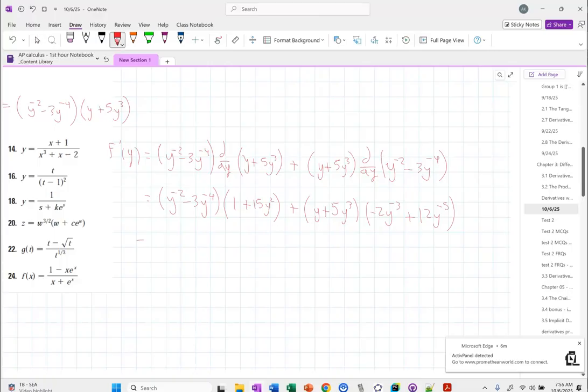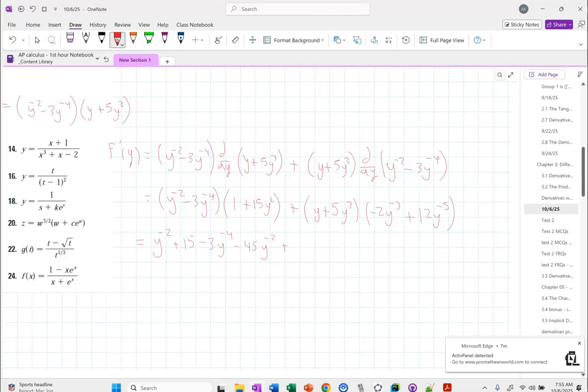So FOIL time, let's see, what do we get here? We get y to the negative 2 plus 15, and then minus 3y to the negative 4, minus 45y to the negative 2. Is everybody okay there?